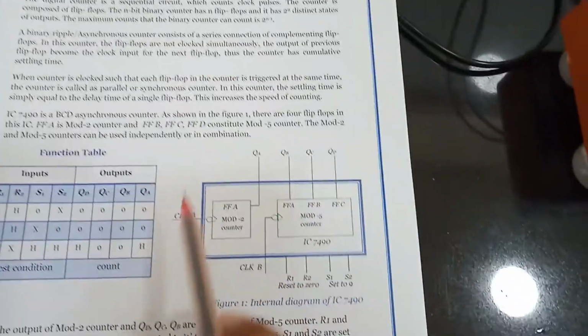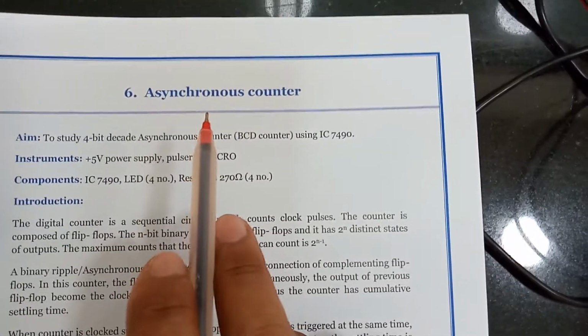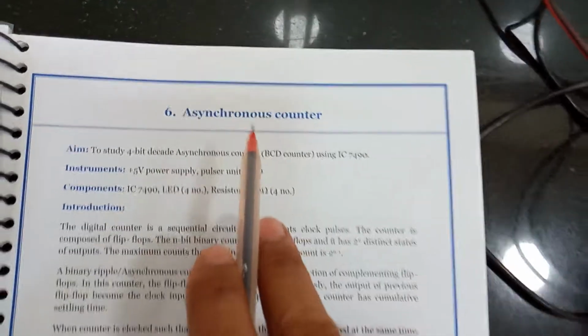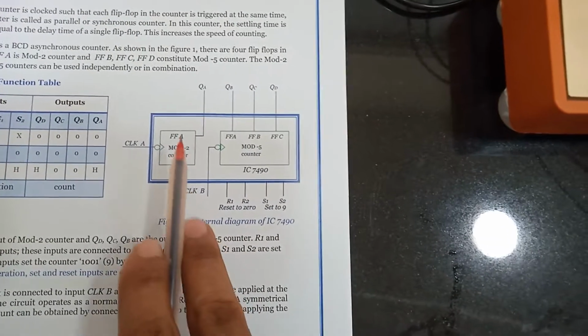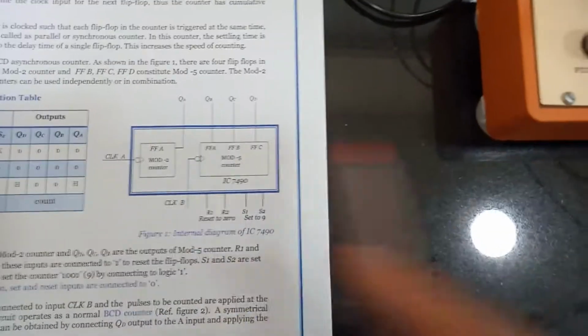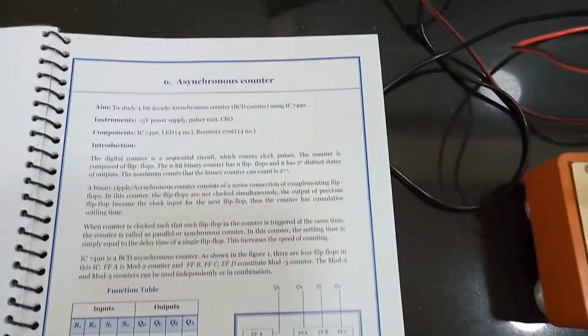While in synchronous counter every flip-flop will be triggered individually. So in asynchronous counter, the output of the previous flip-flop will be used as a clock for the next flip-flop. That is the meaning of asynchronous counter.